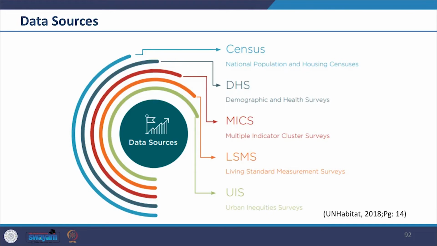NSOs collect and validate data from various sources, and you can look at what kind of sources they use. One major source is the census, then you also see demographic and health surveys. Then there might be cluster surveys, living standard measurement surveys. We have service level benchmarking surveys, urban inequality surveys. So all these are mostly done in different countries, and these are collated and you can access all these data.